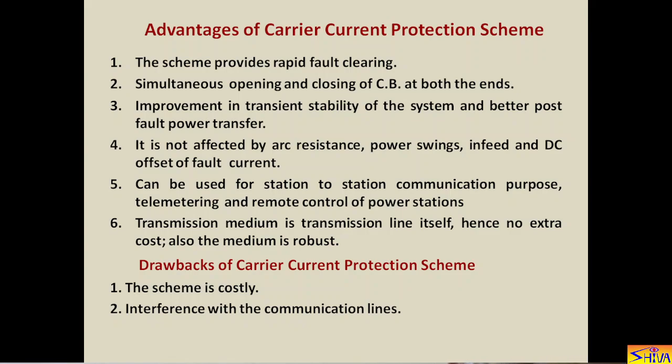It is unit type of protection, means it is providing protection to the part of the power system which is coming in between two cities. So it is unit type of protection, hence it does not provide the backup protection. So these are the drawbacks. And as far as application is concerned, this scheme is used for EHV transmission lines.